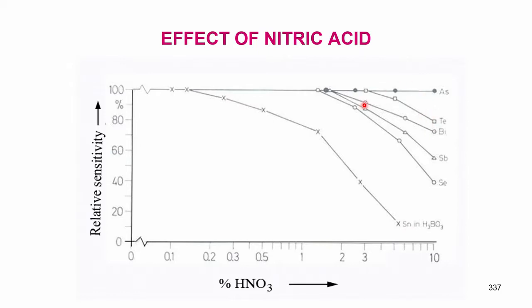Why do we study the effect of acid? Because we take the sample and dissolve it in acid. 99% of the chemical analysis we do, we dissolve in acid. That is why we should be worried about the acid content in hydride generation AAS. Similarly, quite often we use sulfuric acid also for dissolution.